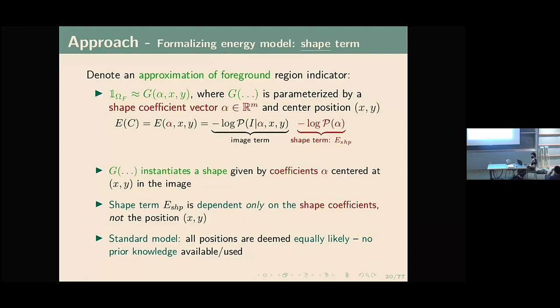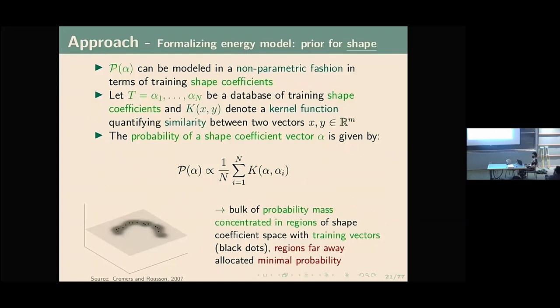The shape term, or the log shape probability, depends only on the shape coefficients alpha, but not on the location xy. In the canonical setting, all locations are deemed equally likely within the image. So we don't have any prior knowledge yet. We don't need it yet.